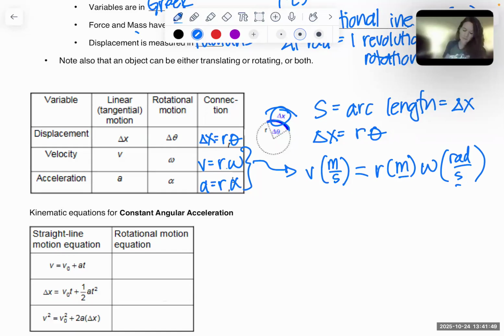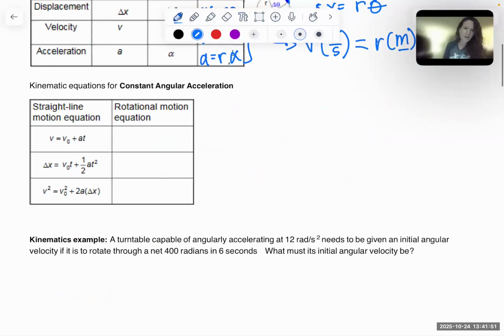And so if you ever forget which way this goes, you can use your units to figure that out. All right, so moving on, we have all of our straight line kinematic equations that we've been using all year long. So v equals v naught plus at. We can use that for constant acceleration, and for constant angular acceleration you can use the rotational equivalent. So we'll have omega equals omega naught plus alpha times t.